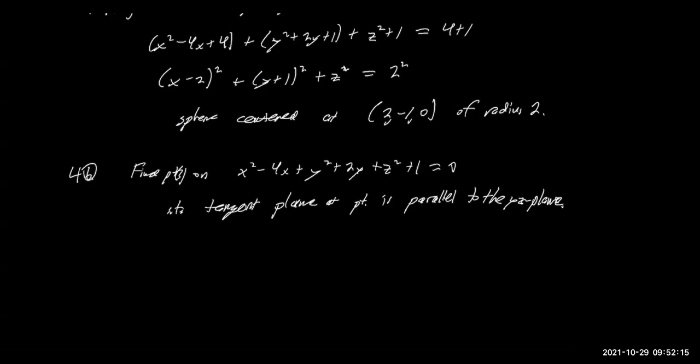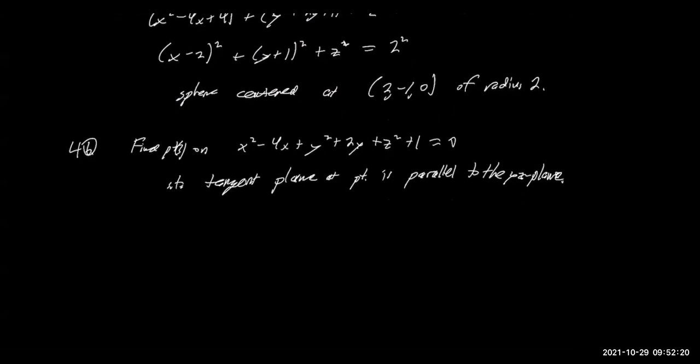Okay, now this is a problem about gradients, right? Because tangent planes are parallel, I mean their normal vectors are parallel, right? That's the first step we should always make. Tangent planes parallel implies normal vectors are parallel.